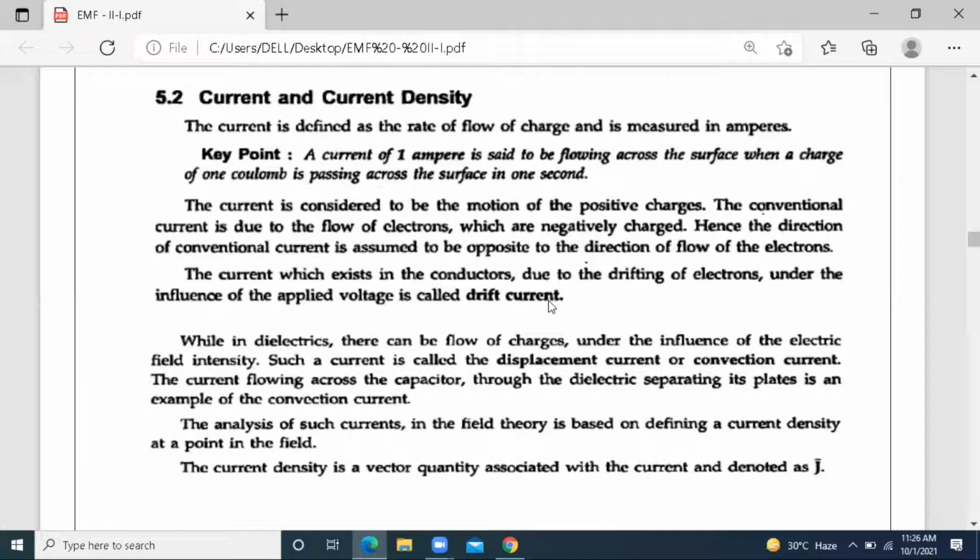So if you have electrons passing through, this results in current. You don't have any conductor. So we say this current is a result of drifting of electrons.